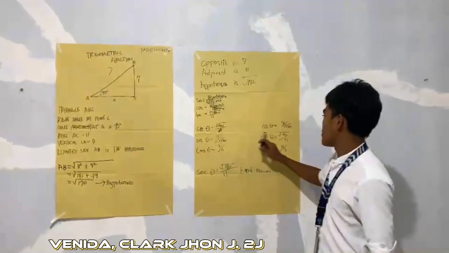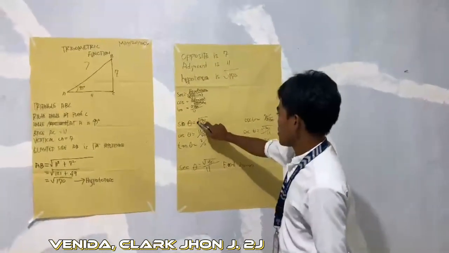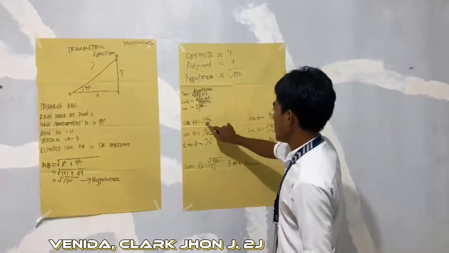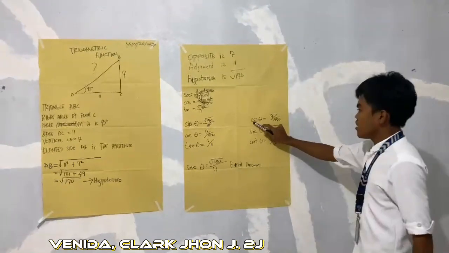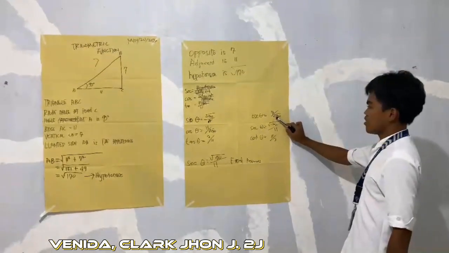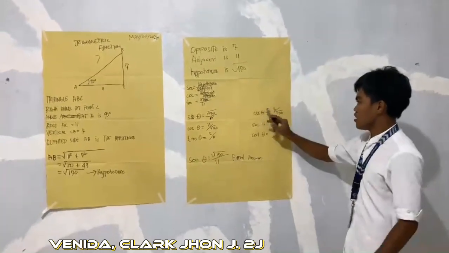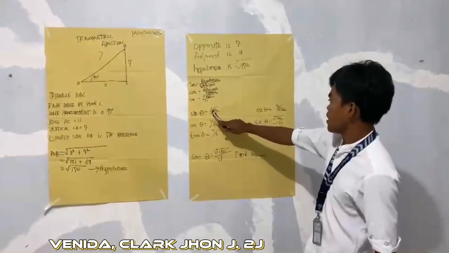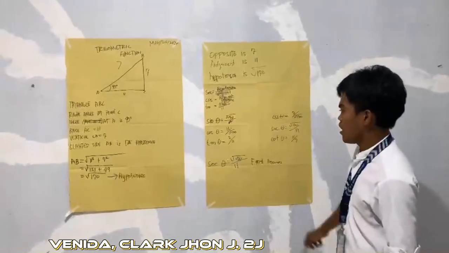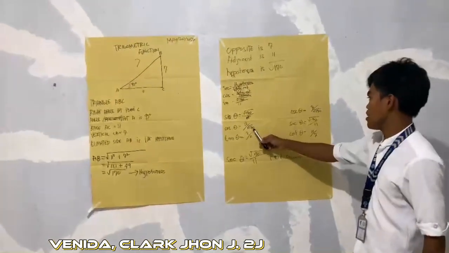Sin is square root of 170 over 7, and cos is 11 over square root 170.